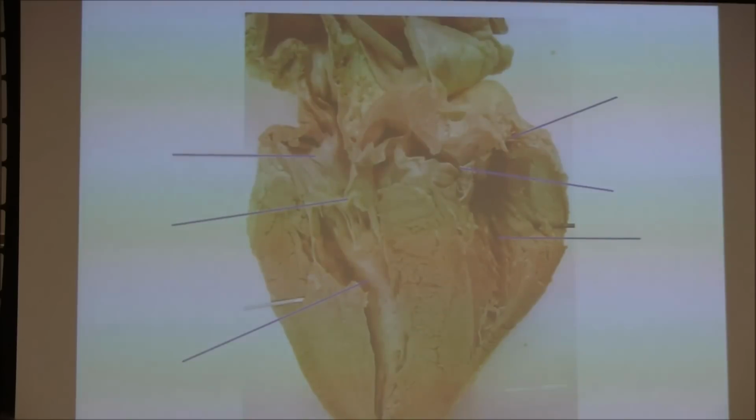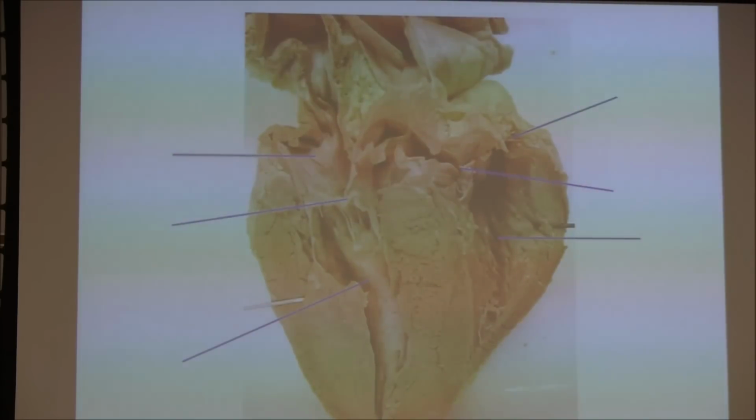Alright. So what do we have to do first? Left versus right. What's the left side? The thicker. Left is the left. Good. This is the left side right here.